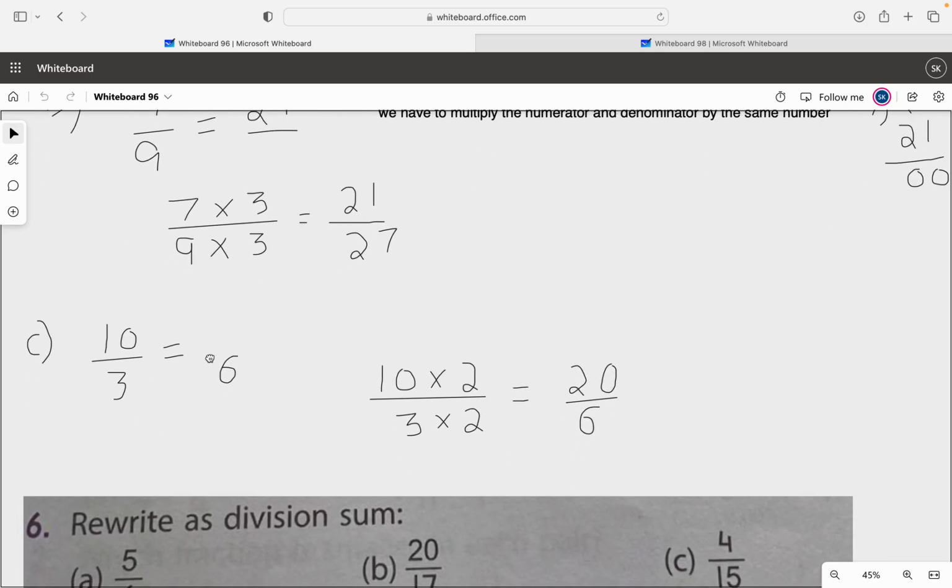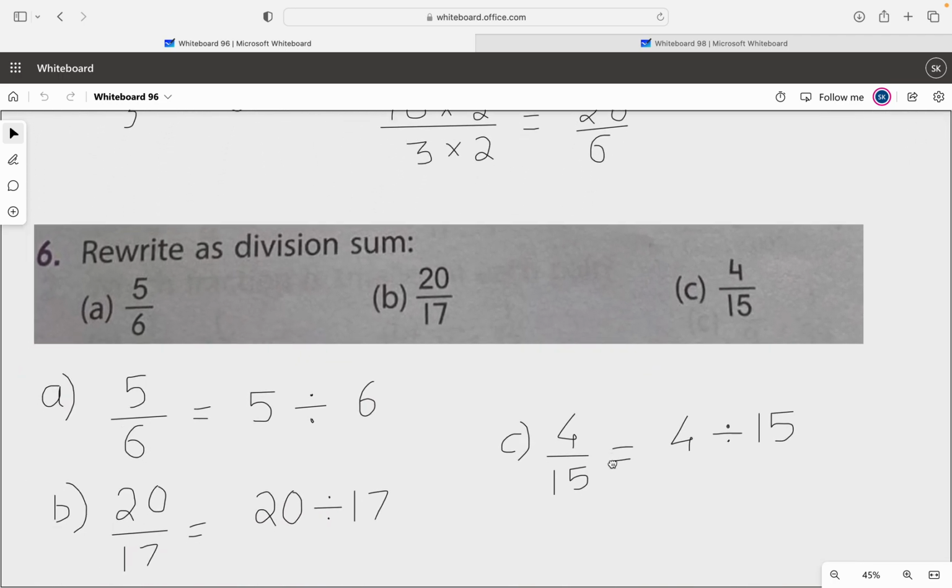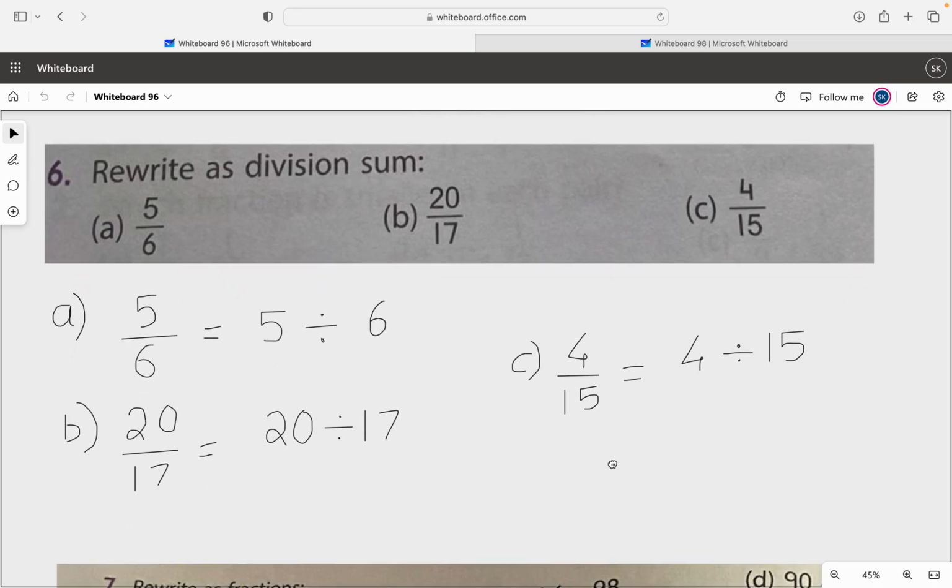Third one is 10 by 3 is equal to dash by 6. Same principle applies. Divide 6 by 3, you get 2. Multiply both numerator and denominator by 2, you get 20 by 6. Okay. Don't worry, we will discuss the same during the class. Why I am doing this is, I want you guys to come prepared to the class.